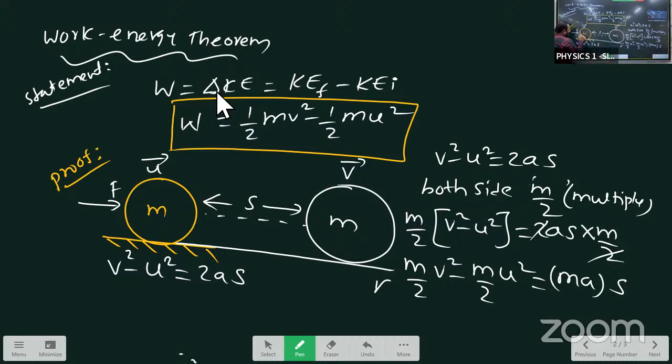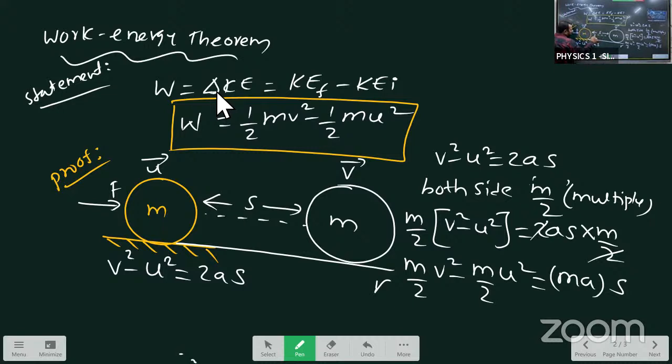Now the proof. One body with mass m is initially moving with velocity u. Capital F is the external force applied on the body. When we apply the external force, its velocity changes from u to v. u is the initial velocity, v is the final velocity.